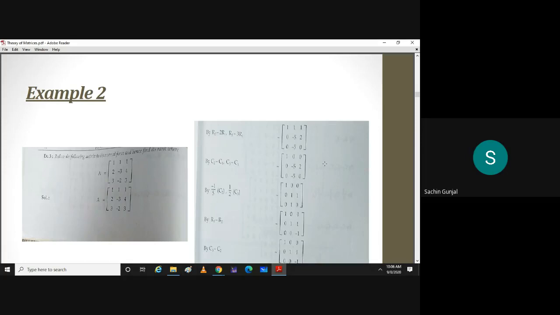That won't be an identity matrix. See, in the identity matrix, the first entry has to be 1: A11, A22, and A33. The principal diagonal has to be 1. Okay, sir. Thank you, sir.